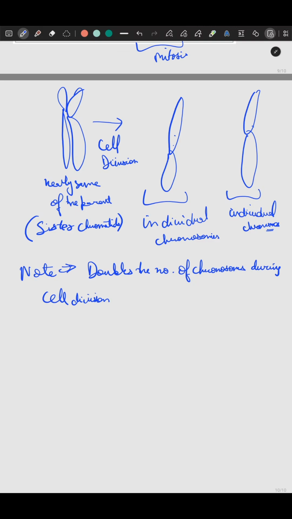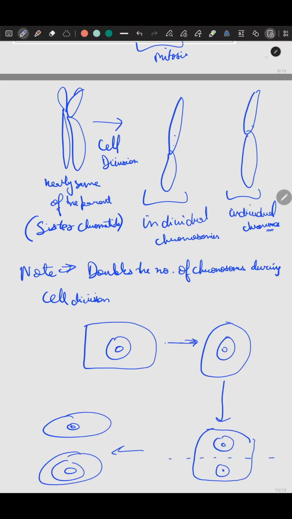After that cytokinesis happens. What is cytokinesis? Let me show you. Suppose this is a cell in the first stage, with the nucleus and the cytoplasm. The nucleus continues to divide.